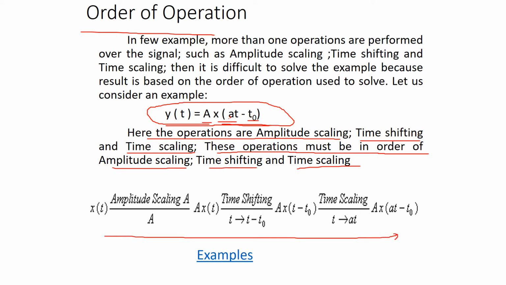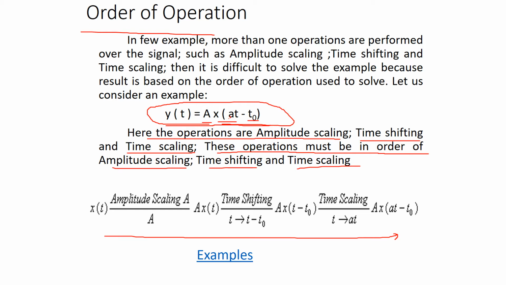If you follow another sequence, then sometimes your answer may be wrong. So you have to remember these standard steps to solve these generalized equations related to operations on signals. First amplitude scale, then time shift, and then time scale.